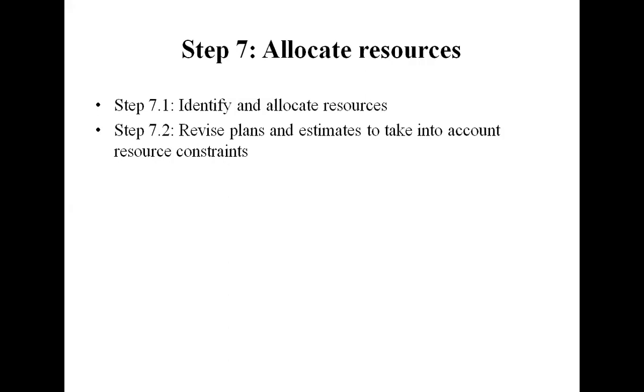Where there is a conflict, establish an order of priority, that is, when staff is not available. Also note the impact upon project duration. Also, a Gantt chart can help resolve conflict and maximize productivity. All this comes under revise plans and estimates.